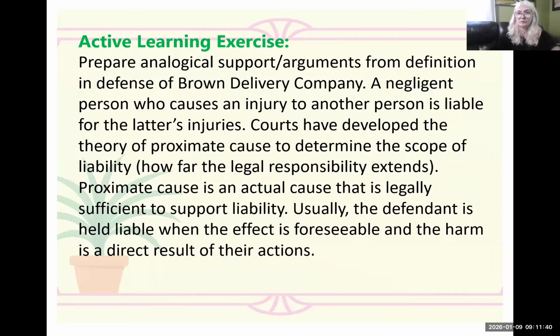So we hold that this is what is responsible, what is legally sufficient to support liability. So that's what you'll be arguing, either for or against proximate cause. And for this case, you're going to be making sure to point out if an effect is foreseeable and if the harm is a direct result of certain actions.